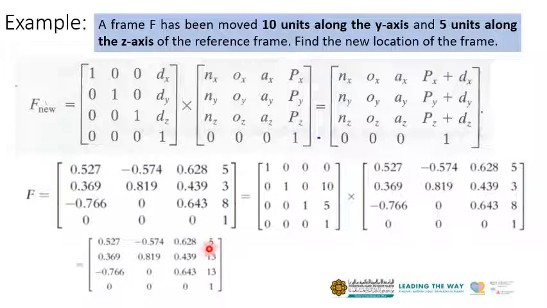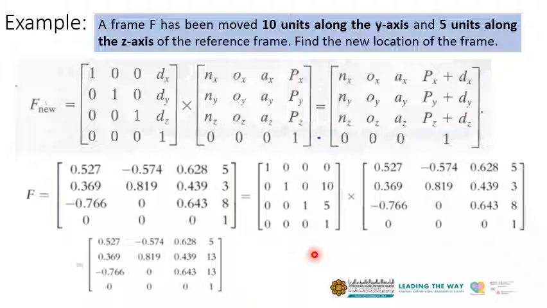Only the values of XYZ will change because you just add the previous position to the current position. So px plus dx, in this case dx is 0, so px remains the same. In the other cases, it is 3 plus 10 and 8 plus 5. So this is how you can get the answer. These are some simple examples for you to get familiar with the system.